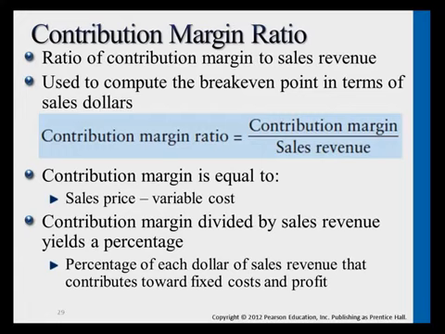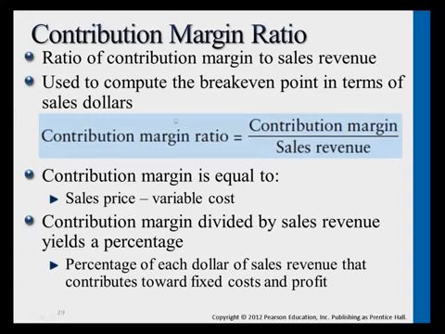So what is the contribution margin ratio? We said that companies can use this contribution margin ratio to compute the break-even point, right? Okay. What I want you to understand is that the contribution margin ratio is the ratio of contribution margin to sales revenue, right?